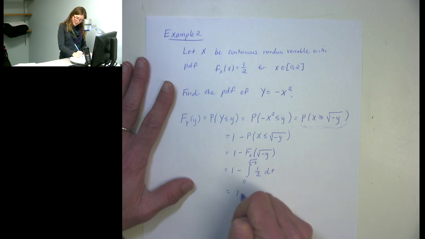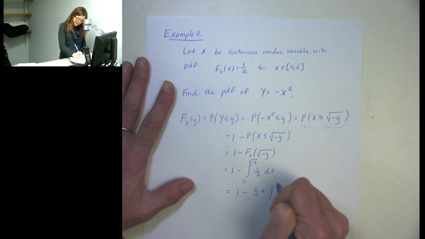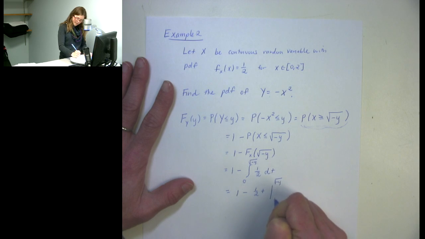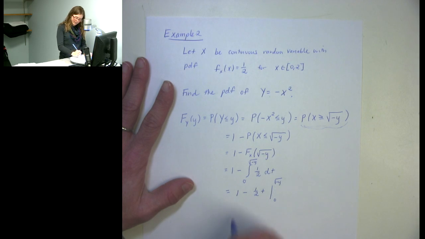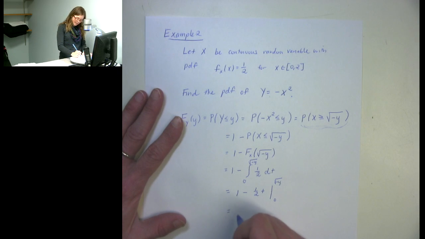This gives me 1 minus 1/2 t, evaluated from 0 to the square root of negative y. And then again, this is 1 minus 1/2 times the square root of negative y. There's my cumulative distribution function for y.